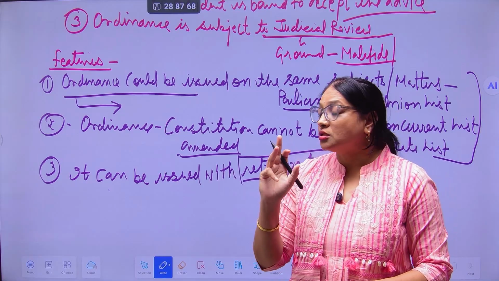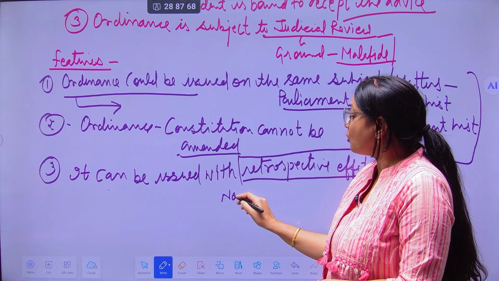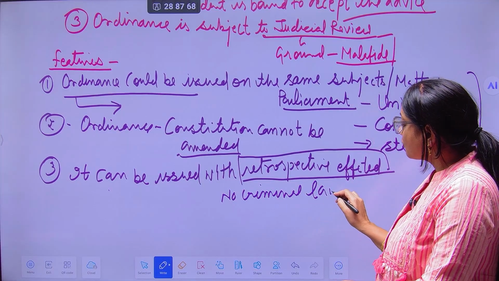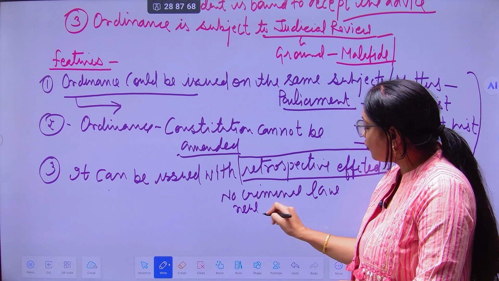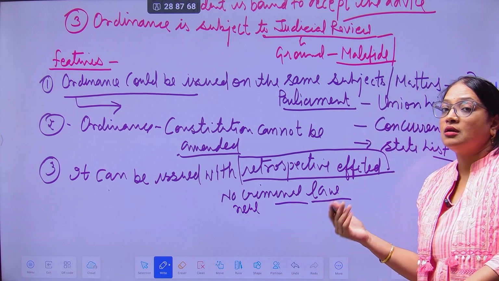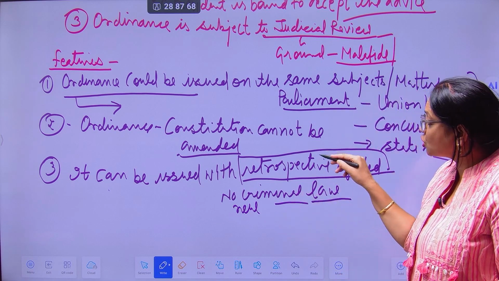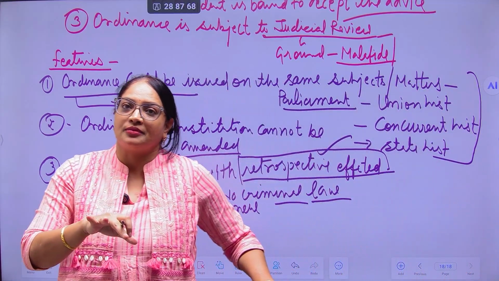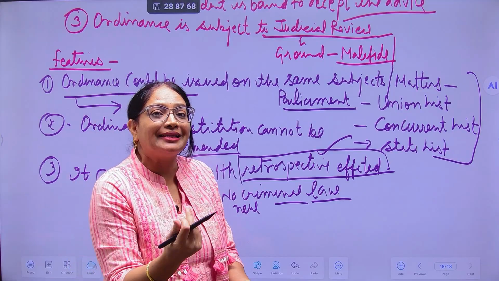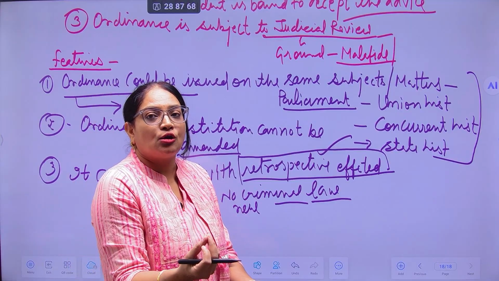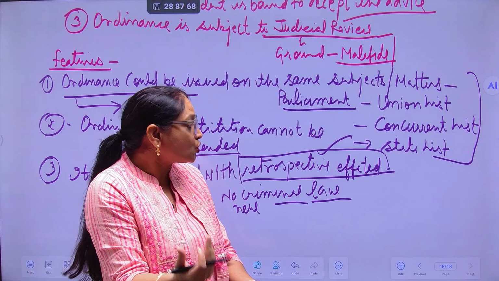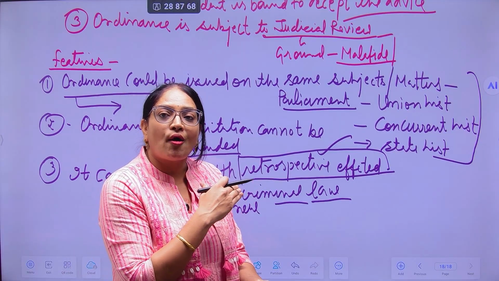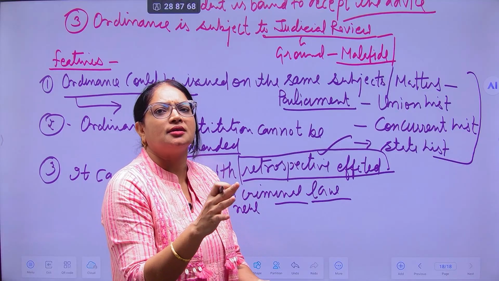So keep this point in mind: no new criminal law could be initiated with retrospective effect, because law prevails in India only of the time, when that law made the criminal law. So here criminal law is the exception to retrospective effect. Otherwise, for the rest of the things, through an ordinance we can do anything, right?